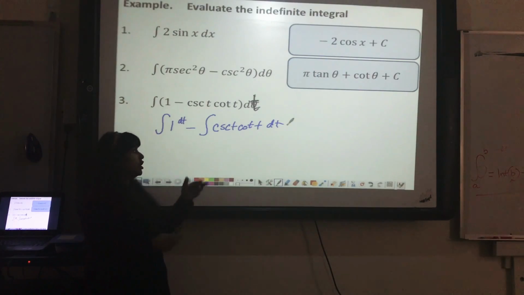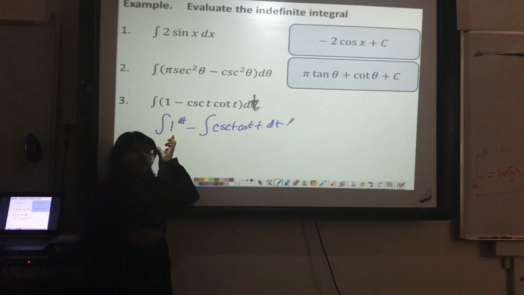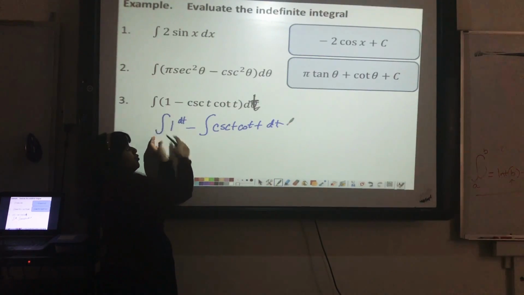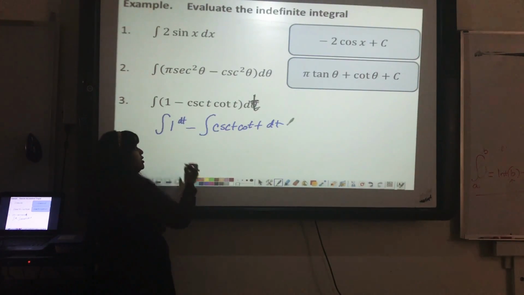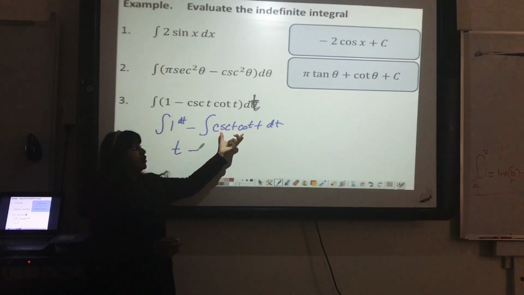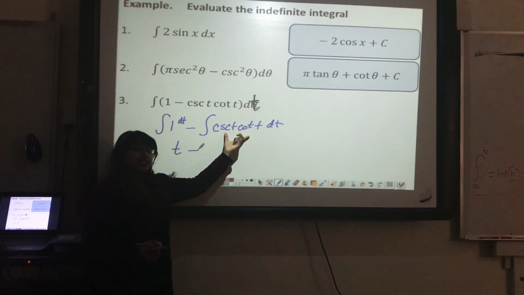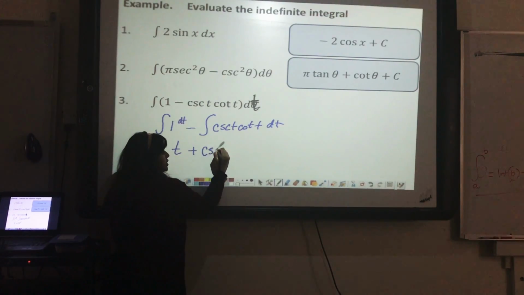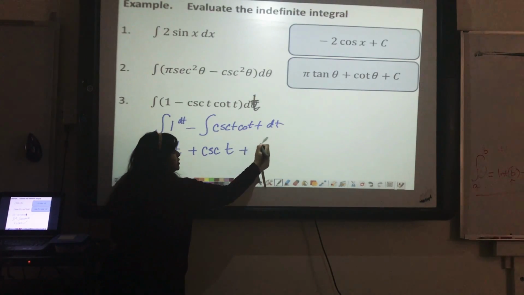Now it's bite-sized chunks. I know the integral of any constant value just tacks on that variable, so the integral of 1 must just be my variable t. So this becomes t minus the integral of cosecant cotangent, which is negative cosecant, so it's going to be plus cosecant t plus c.